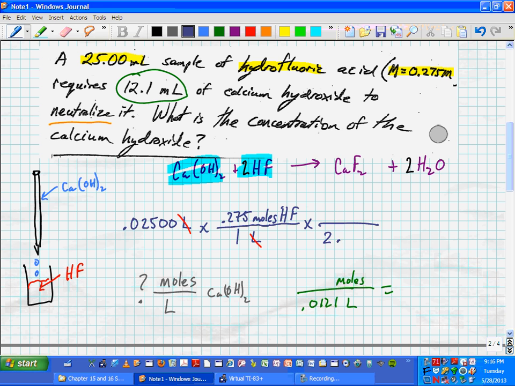So for every 2 moles of hydrofluoric acid, which goes on the bottom so I can cancel it, I get 1 mole calcium hydroxide. My moles of hydrofluoric acid cancel. I'm left with moles of calcium hydroxide, which is going to go down here. Right? We said that's what we were looking for.